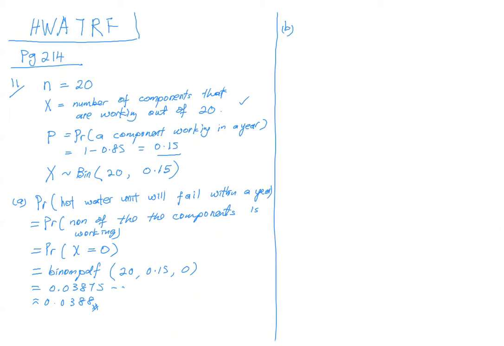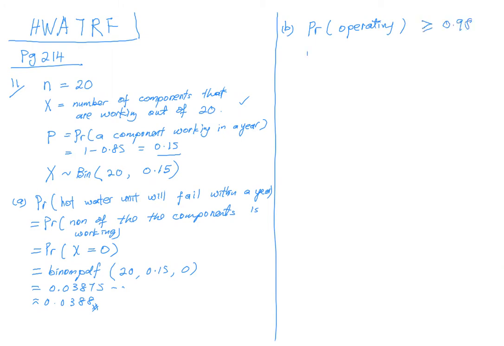Find the smallest number of solar components required to ensure that a hot water service like this one is operating at the end of 1 year with the probability of at least 0.98. So what does that mean? Operating. So probability of operating must be greater than or equal to 0.98.